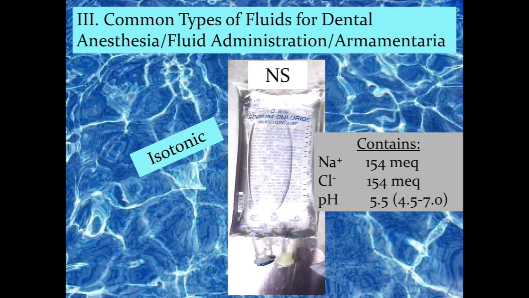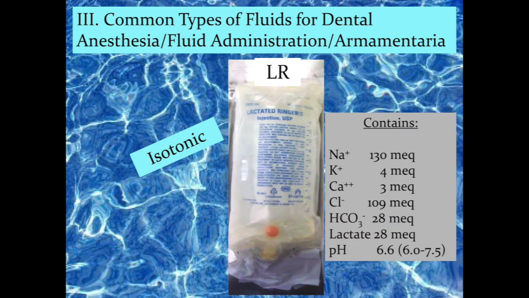It just shows you the number of milliequivalents of the different ions and what the pH of the solution is. Here's the recipe that Dr. Ringer came out with when he introduced and developed lactated ringers. Lactate acts as a buffer to buffer between acid and base in the bloodstream. Notice also from this recipe that there is calcium in LR.